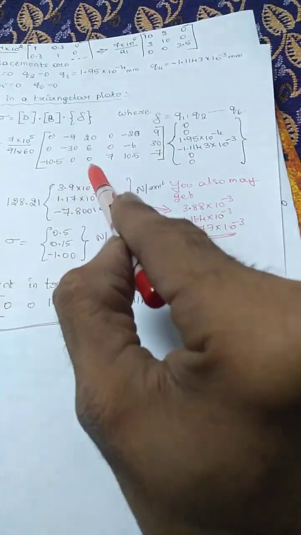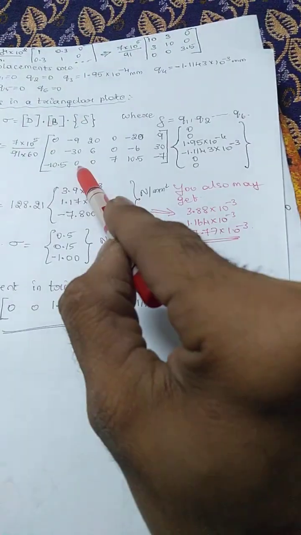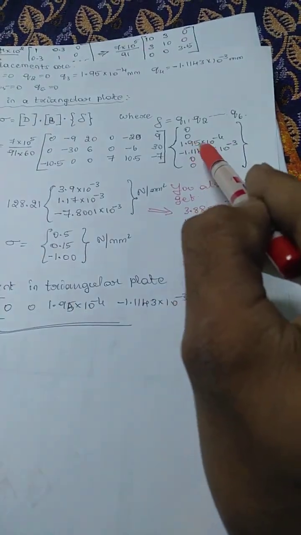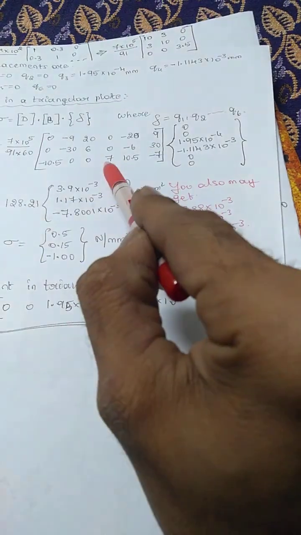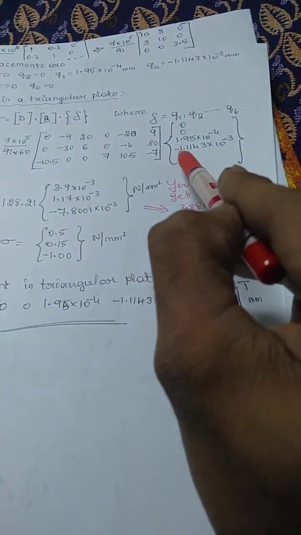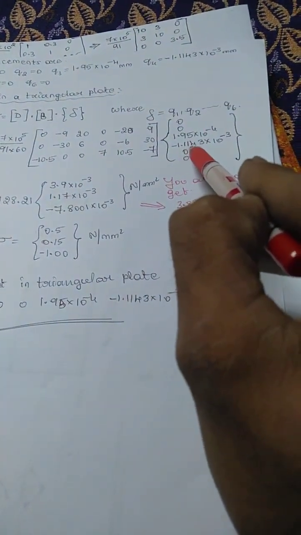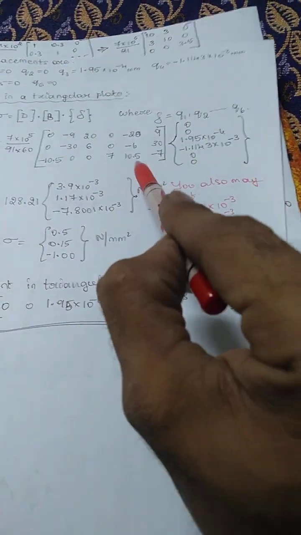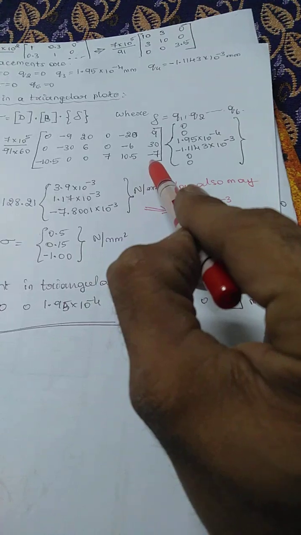Similarly for this one: 0 into 0, 0 into 1.95 into 10 to the power minus 4 which is 0, 7 into minus 1.1143 into 10 to the power minus 3, and 10.5 into 0 is 0, minus 7 into 0 is 0.